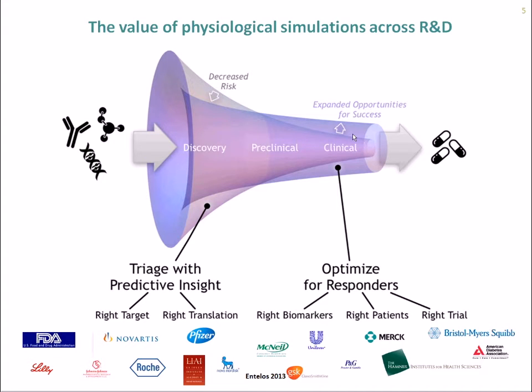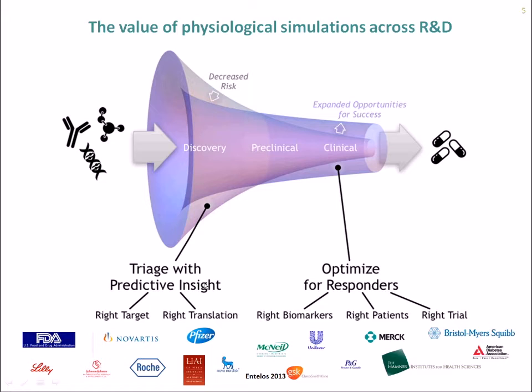Over the past 15 years, Entelos physiological models have supported projects across the entire pharmaceutical R&D lifecycle. Our experience has shown that the role of the physiological models differs throughout the R&D lifecycle. In early development, we focus on decreasing risk for you by providing the right insight into the right target and right translation strategy.